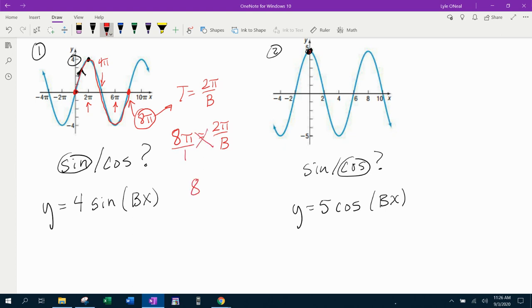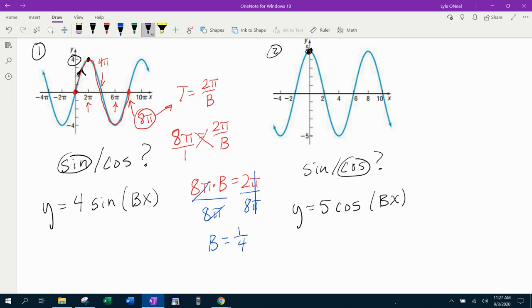And that's going to give me 8 pi times b equals 2 pi. I can then divide both sides by 8 pi. And that will tell me that b needs to be 2 over 8 because the pi's cancel, but 2 over 8 reduces to a fourth.